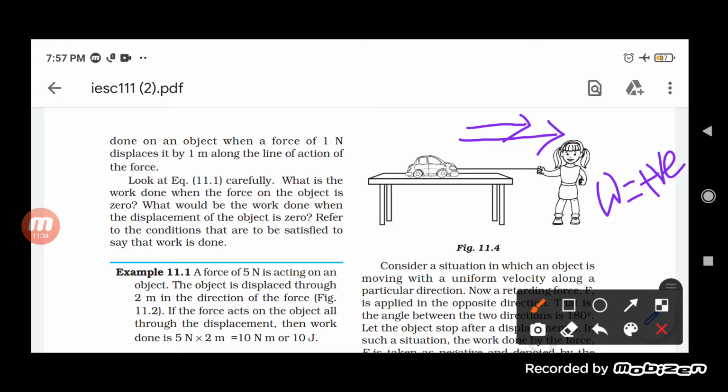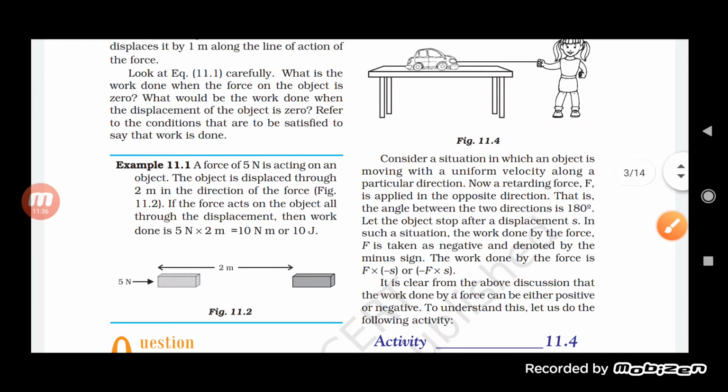But there are sometimes situations in which the object is moving with a certain velocity in a particular direction, but there is a force acting on the object in the opposite direction, which we also call a retarding force. Due to which we can say it is a kind of negative force. Suppose if you want to understand this concept in a better way, suppose you take a ball and throw it in the upward direction.